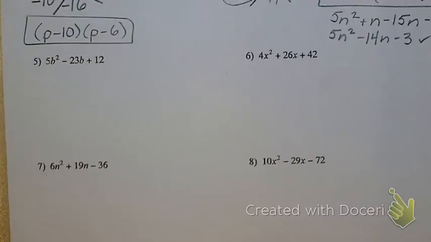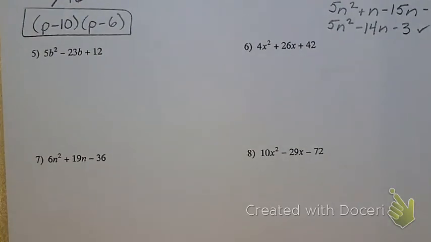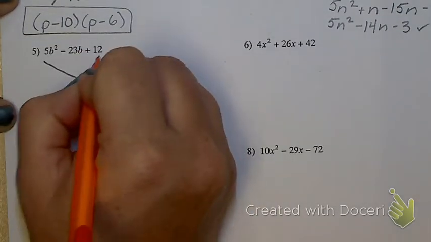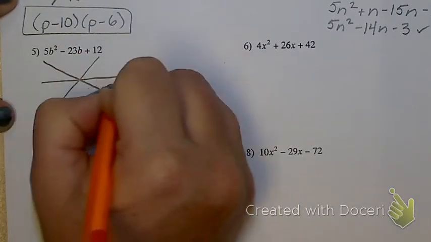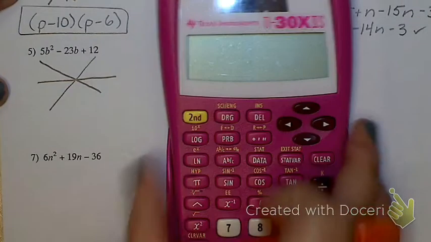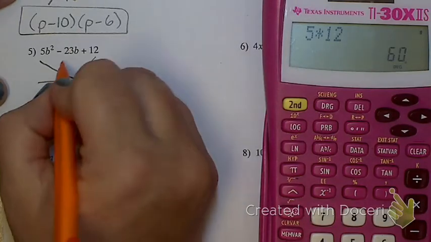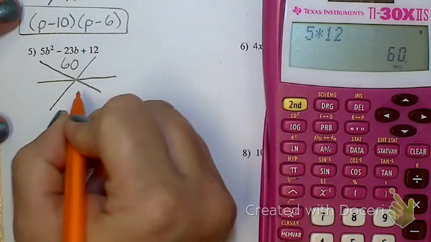Number 5. Do they have anything in common? No. Doesn't look like it, so we go straight to the snowflake. These numbers are a little trickier, aren't they? Yeah. What's going to go on the top? 60. 5 times 12, which is 60. And on the bottom?